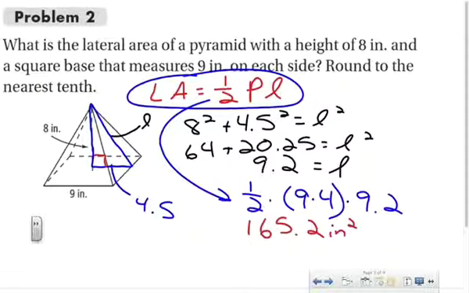I love that question. Fantastic. Yes, ma'am. Okay, so you were with me up to this point here, the 64 plus. In your calculator, 64 plus 20.25 is 80 whatever.